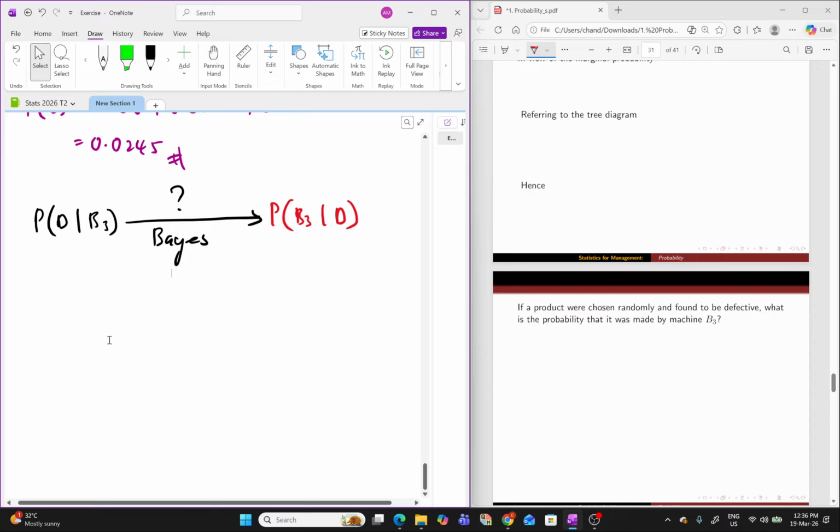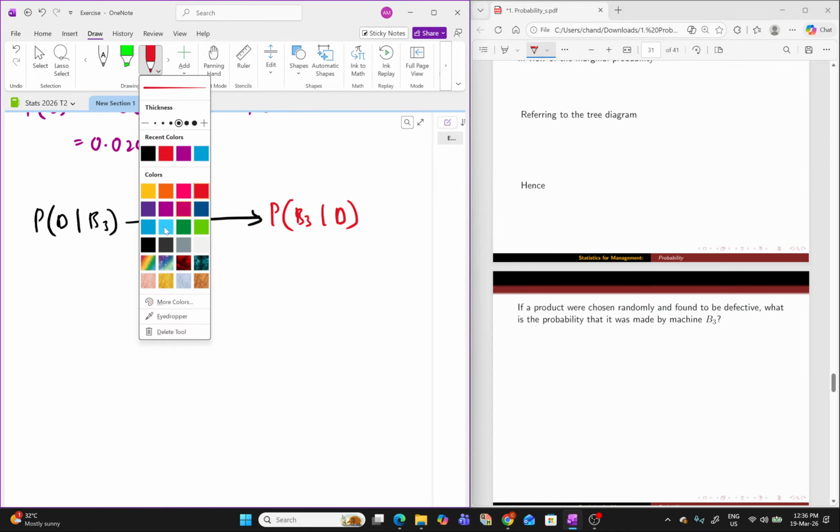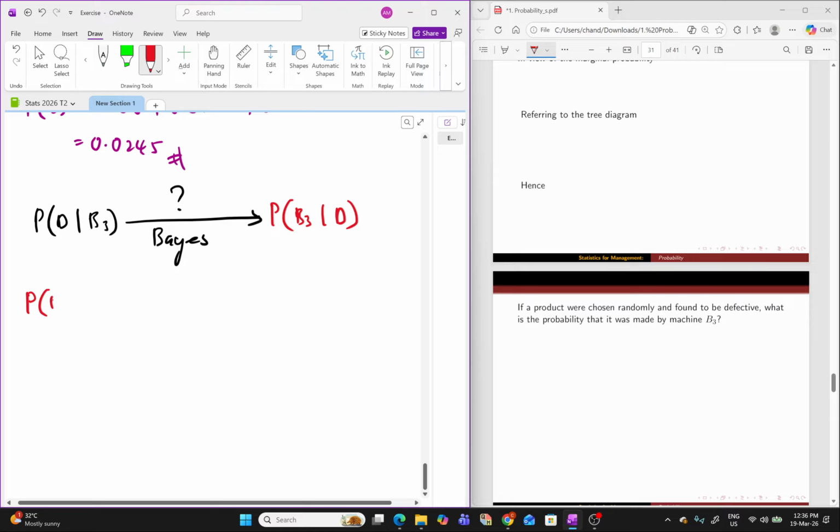So how to do this, what we want, this one, we have to find this one. If I use the formula, I will get this one.